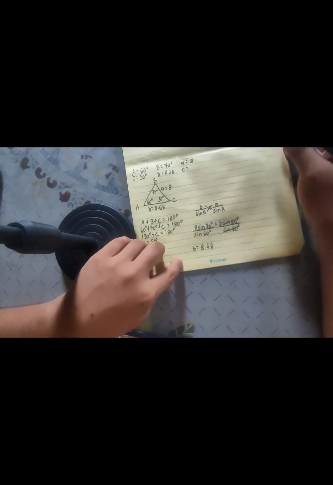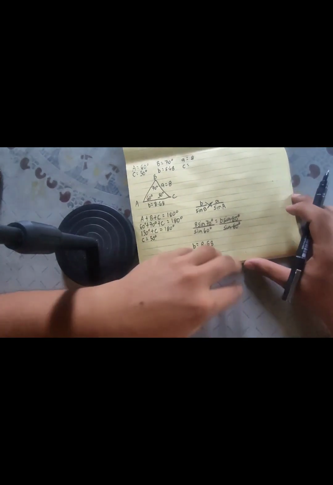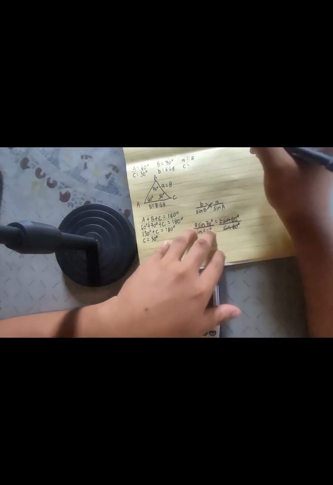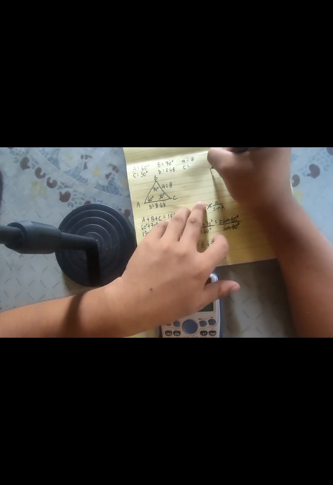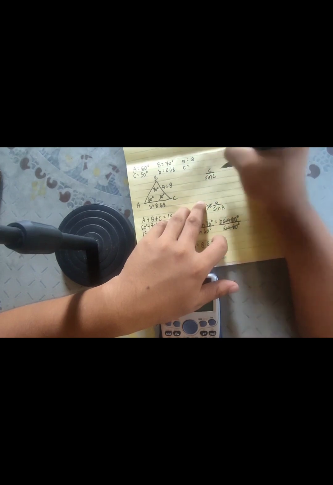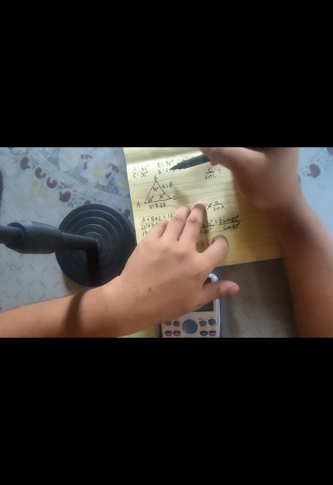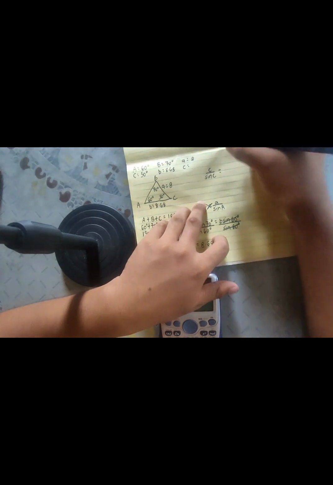So we're gonna find also the side C. This is just for exercise. So again, write what we are missing. We have side C over sine C is equal to, you can use the side B because we have the value of side B, or you can use side A again.